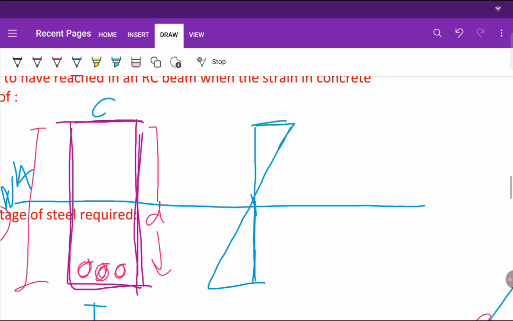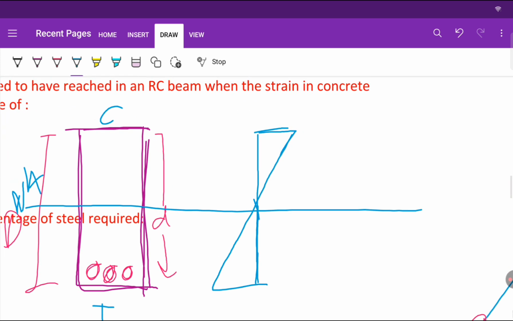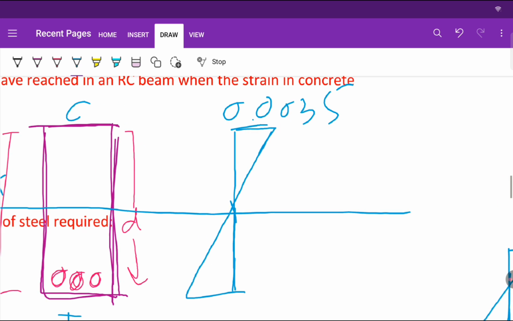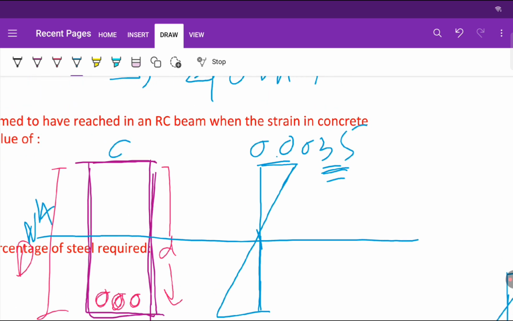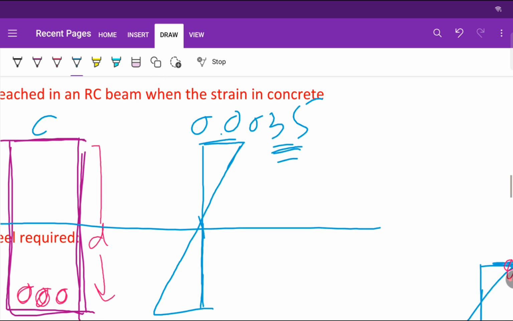So the outermost compression fiber will have 0.0035. This is the maximum strain. Above this, the beam will fail, right?